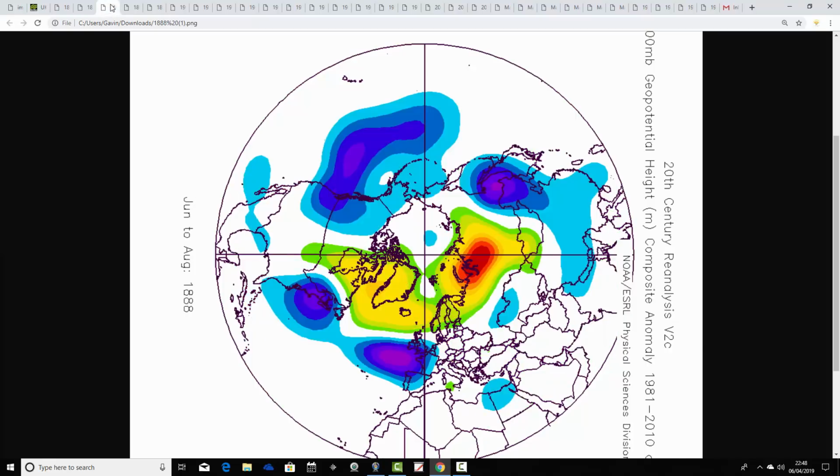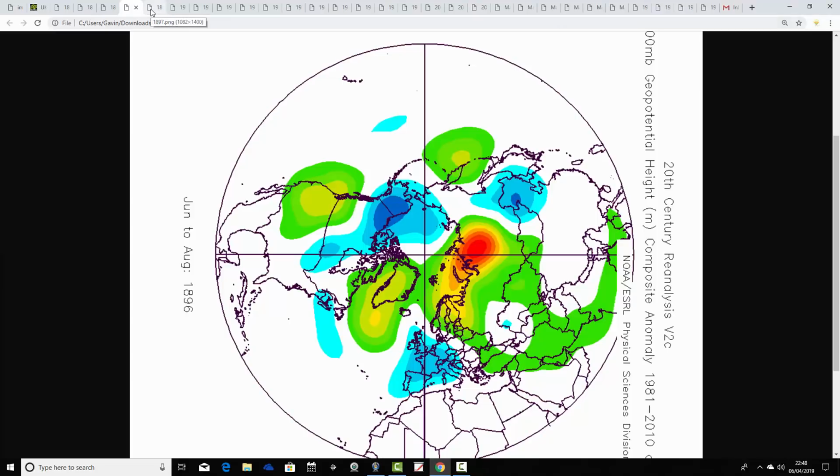The next summer is 1888, following March precipitation between 93 and 114 millimeters. This one is a very poor summer. It has a strong blocking signal up to our north with below average heights down to the south. So it's a cool summer, the jet stream is going to be down there, a cool and wet summer in 1888. 1896 comes up next.